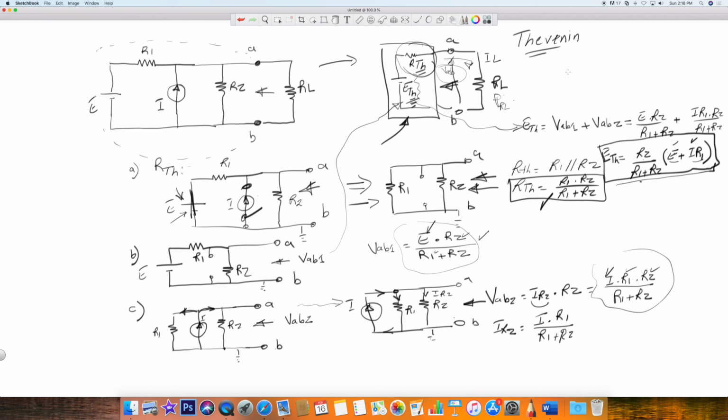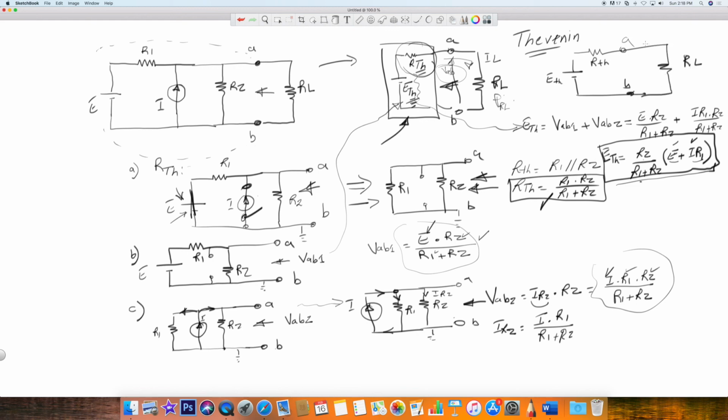So now if you have to redraw this, let's do it here. So you would have ETH here, whatever its value is, and then RTH here. But now, between A and B, you have a new circuit with RL here.